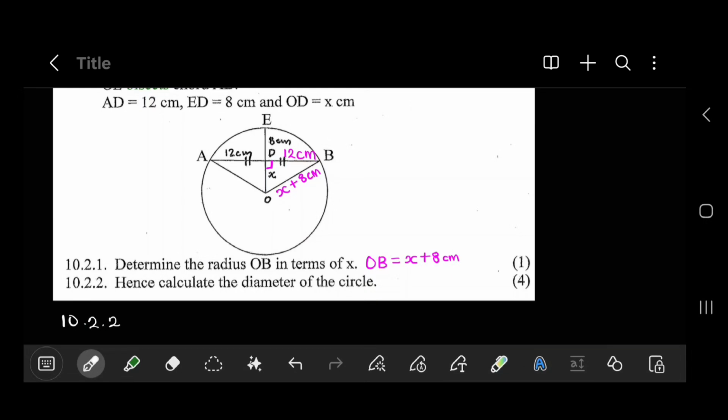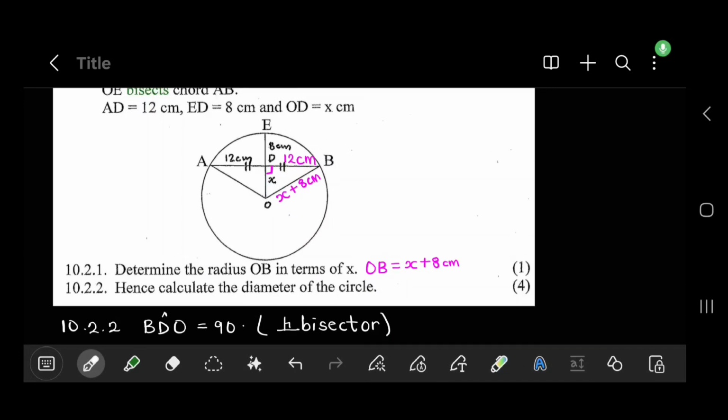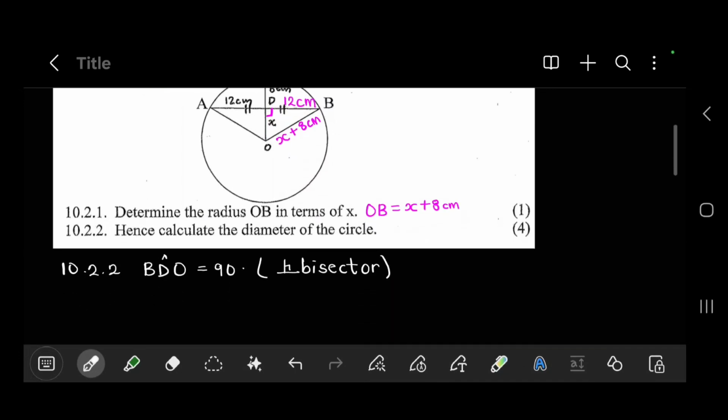So let's start off by calling this angle BDO is 90 degrees, and our reason is perpendicular bisector. Now we're going to use the theorem of Pythagoras.